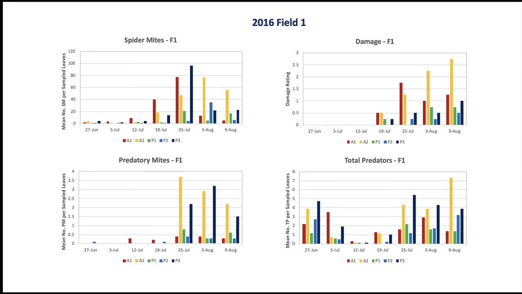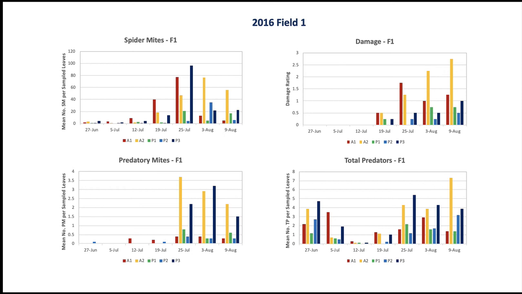Now let's look at an example of our data using results from 2016. What these graphs show is the increase of the spider mites, what type of damage levels we had, the predatory mites that we recovered during the season, and a total number of predators. This is an average for both locations within one field.